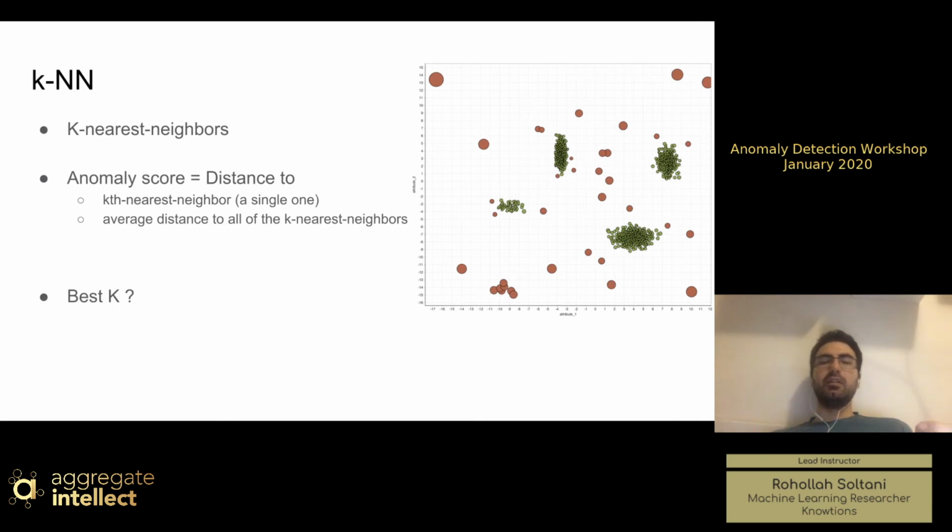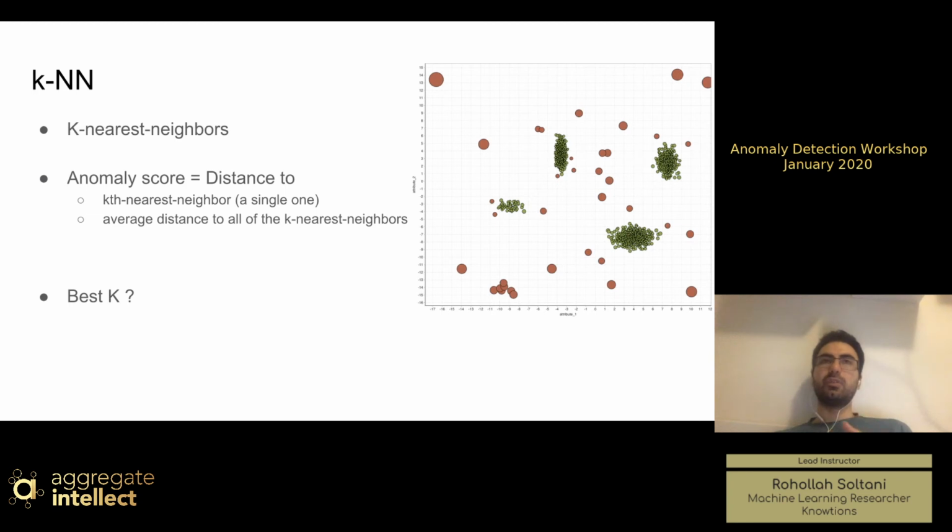Once you have those k nearest points, you can pick the farthest one, the k-th one, or you can just use the average distance to all those k nearest neighbors. Then you can say the anomaly score is the average distance to the k nearest neighbors.